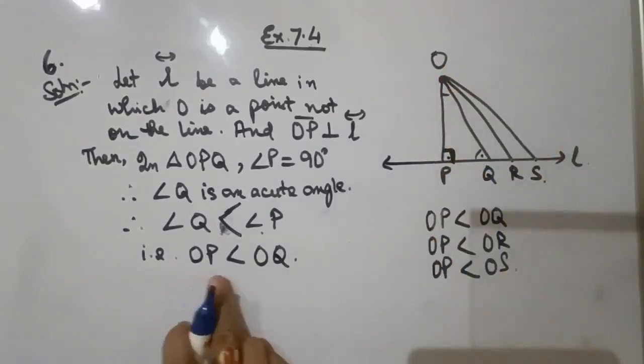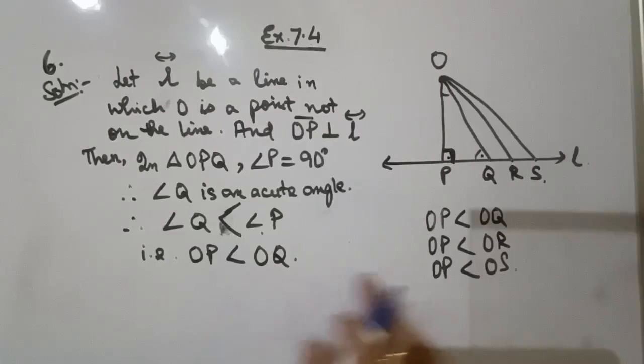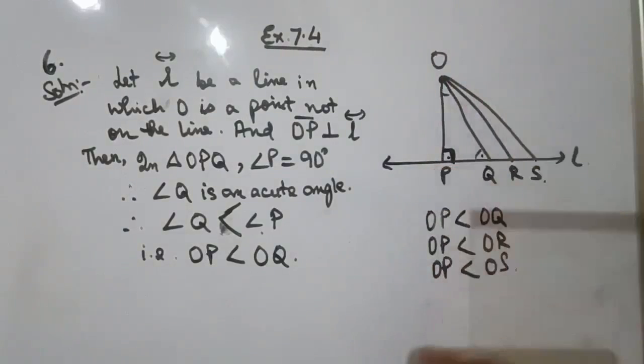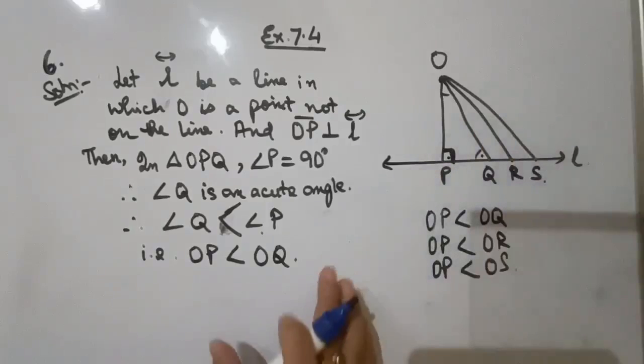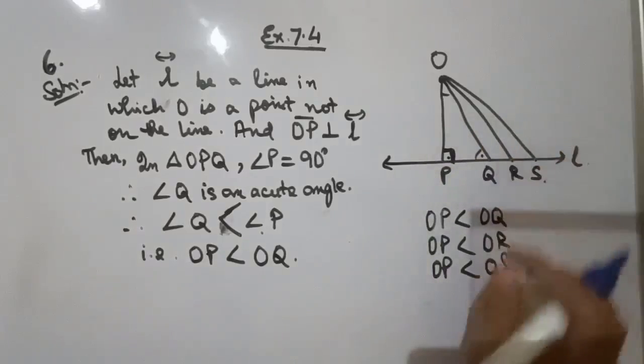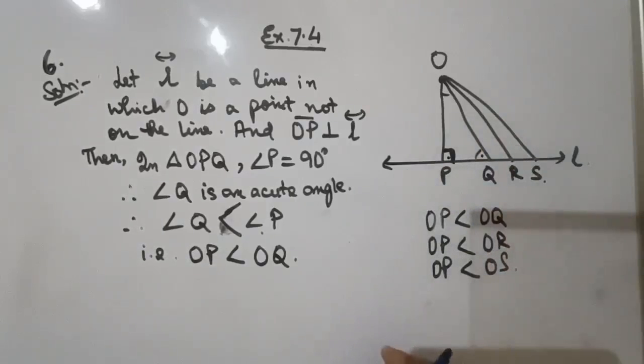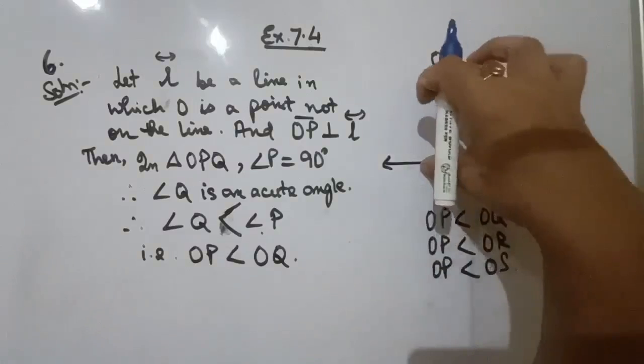Therefore, OP is less than the side OQ. Hence, we prove that the perpendicular line is the shortest among the other lines. Similarly, we can prove the other two lines, OR and OS, are also greater than the line OP.